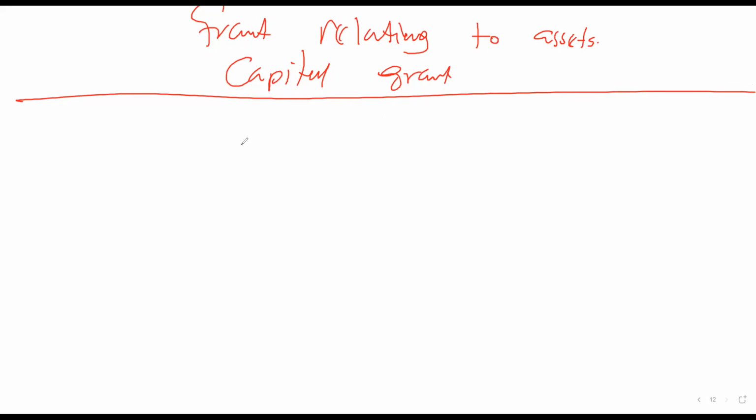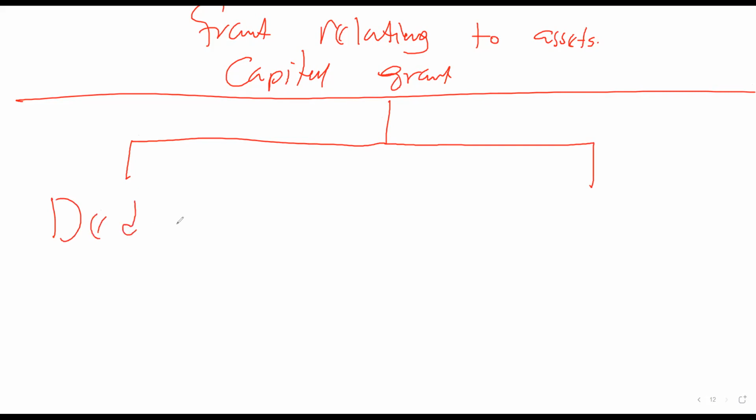There are two types of the treatment. We have the deductive approach, then we have the deferred grant approach, the deferred income approach.